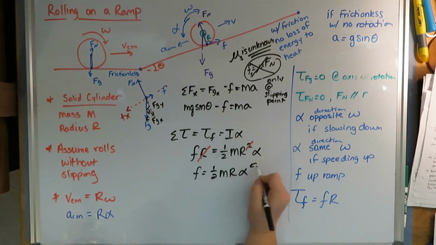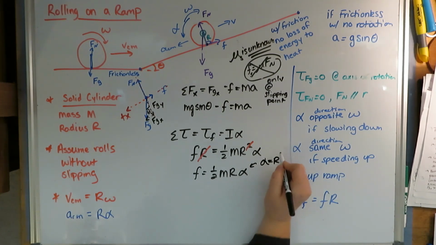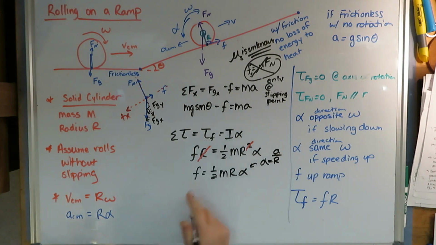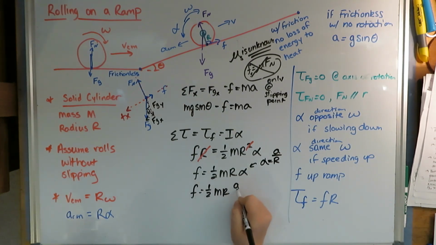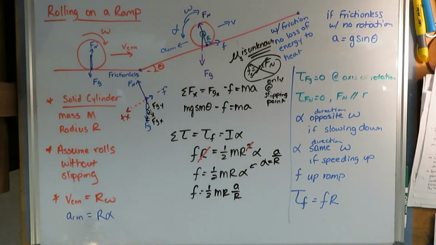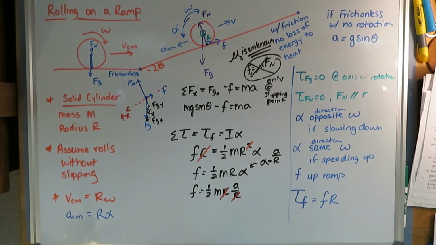So I can sub in that alpha is a over r. So my friction force is going to be 1/2 mr times a over r. So the other r cancels. So the radius of this wheel has no factor here. So my friction force is going to equal 1/2 m times a.